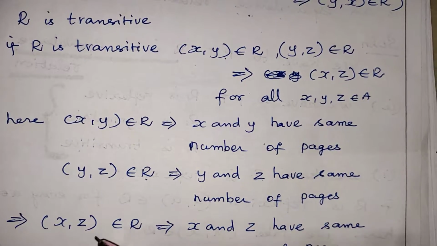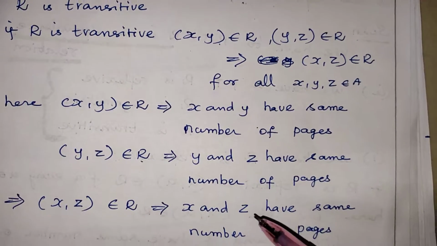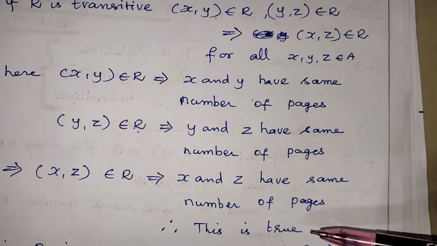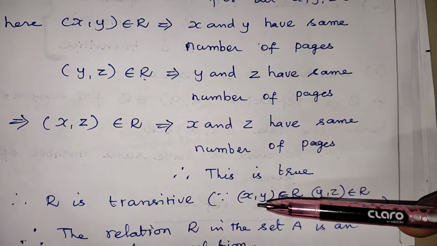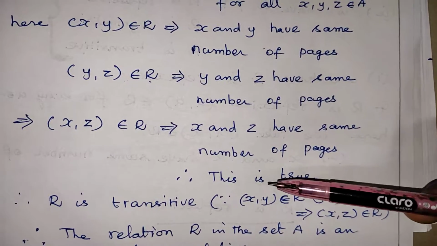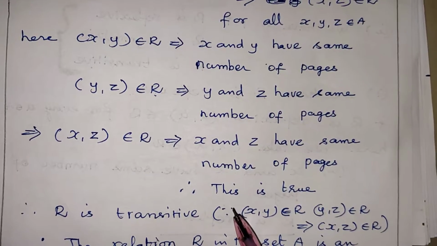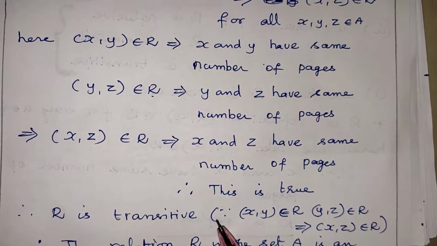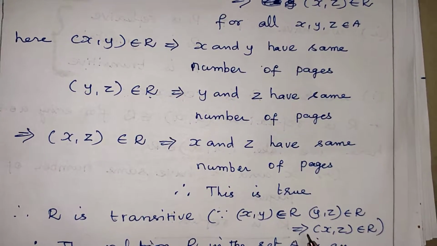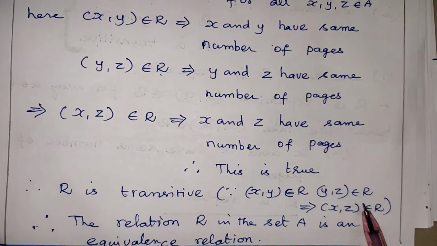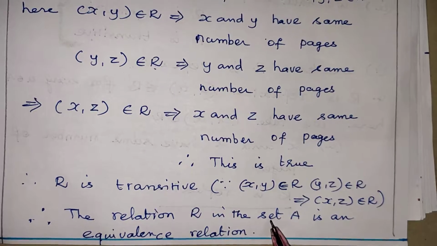Here I am writing (x, z) belongs to R. That implies x and z have the same number of pages. This statement is true. Therefore R is transitive, since the transitive condition is satisfied by the relation R: (x, y) belongs to R, (y, z) belongs to R, that implies (x, z) belongs to R. Therefore the relation R in the set A is an equivalence relation.